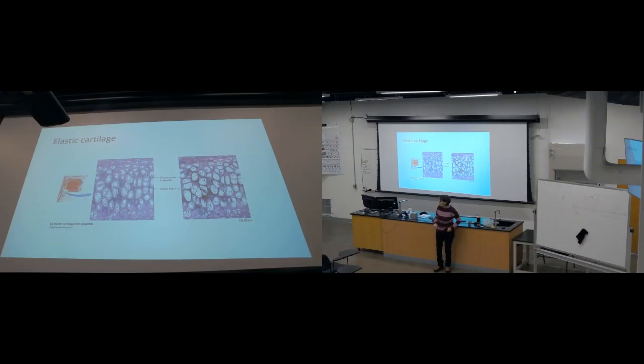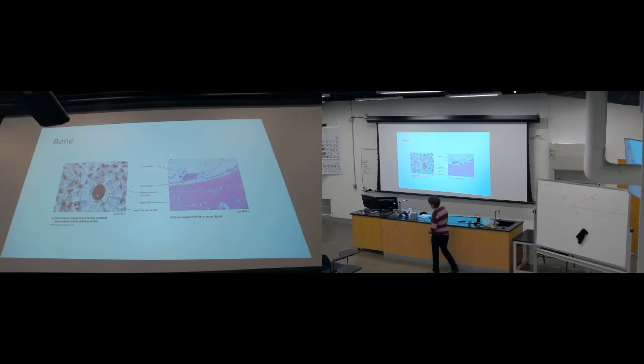Now, if you look at the elastic cartilage in the microscope, you have abundant chondrocytes, and these are the lacunae, and then you have elastic fibers that allow this recoiling after you bend a structure.